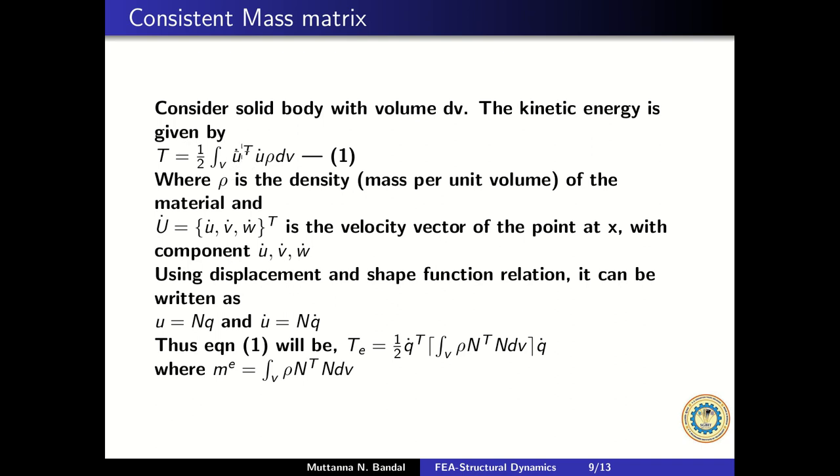Here u dot transpose into u dot gives u dot square, that is the velocity term, and rho into dV, where rho is the density, into a volume will give a mass, which is basically a small mass.